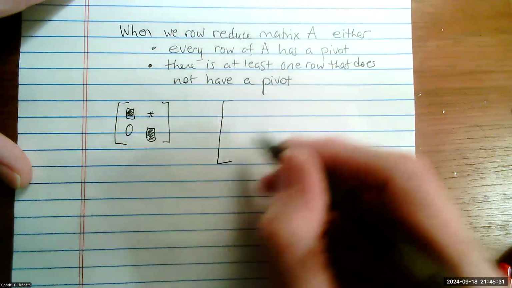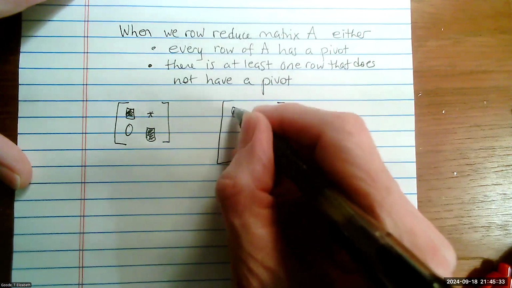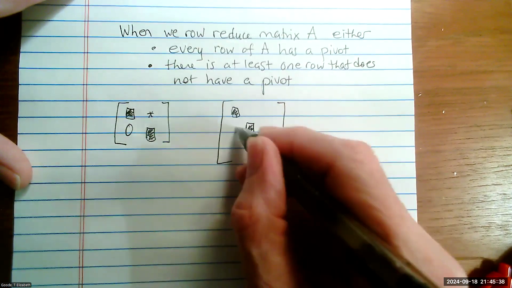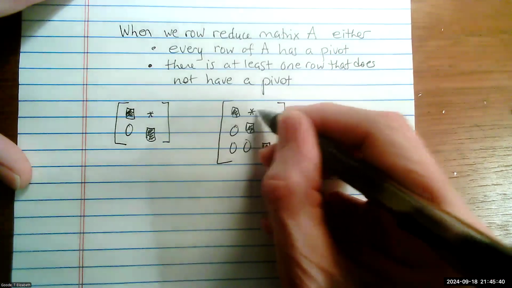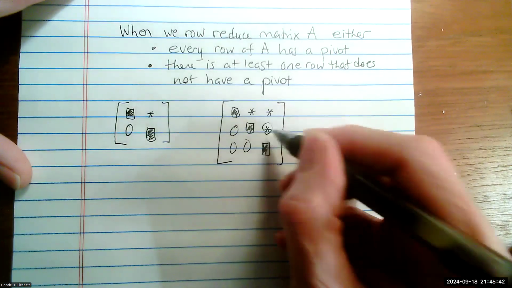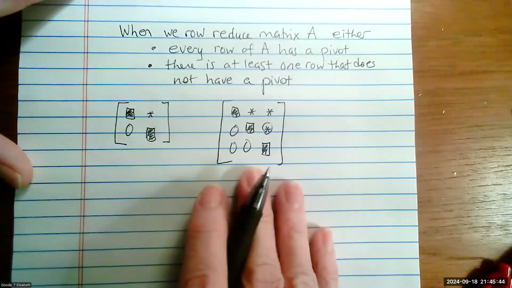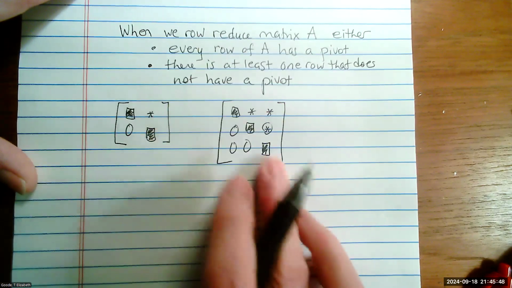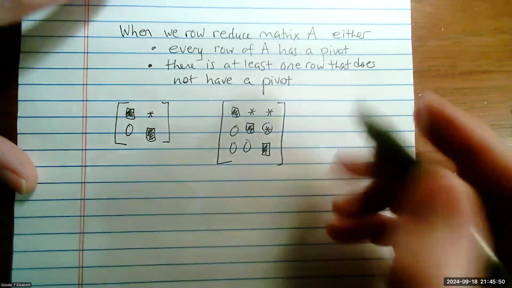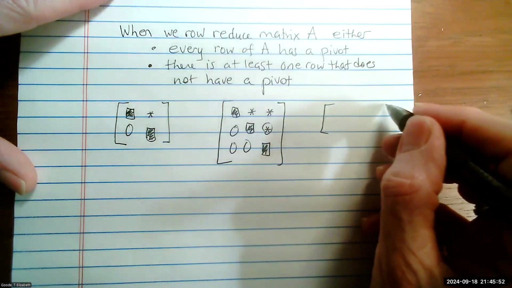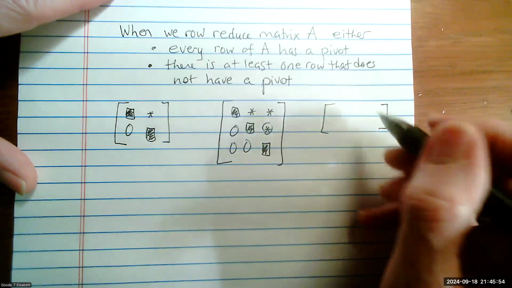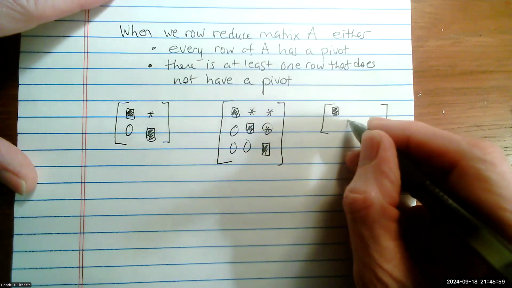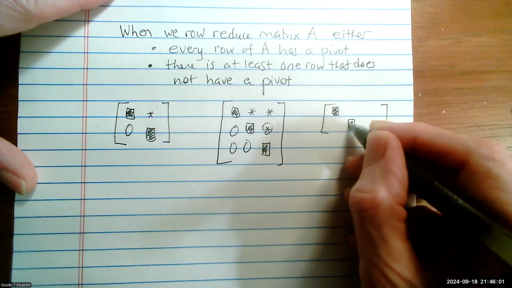Or if it's 3 by something, there'd be a pivot here and a pivot here and a pivot here, okay? I'm not doing completely reduced. I'm just doing reduced form where these are the first non-zero leading entries. Or maybe it's a 2 by 3, pivot here, pivot here.